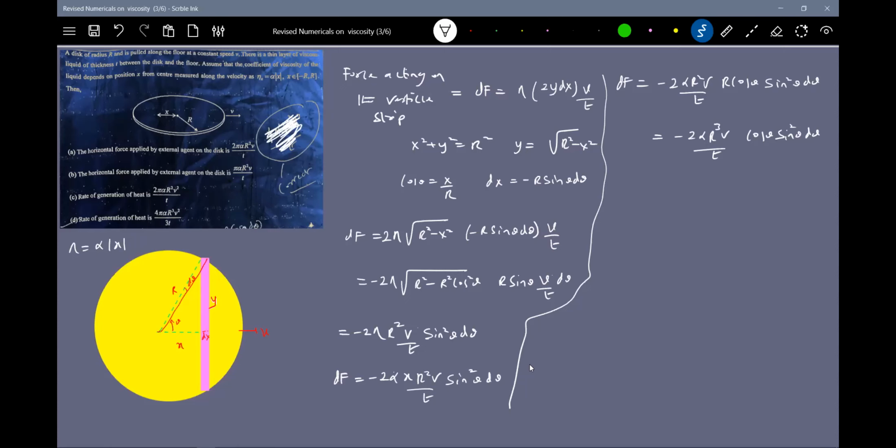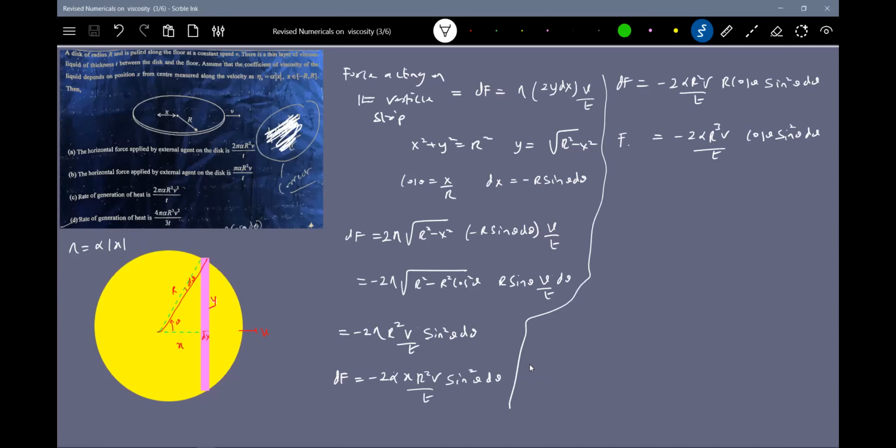This will integrate from 0 to pi by 2. We'll get the force acting on the right off of that one. 2 times of that will be total force acting on it. Force, minus pi by 2 to pi by 2? No, or we can change the limit. No, here not minus pi by 2.